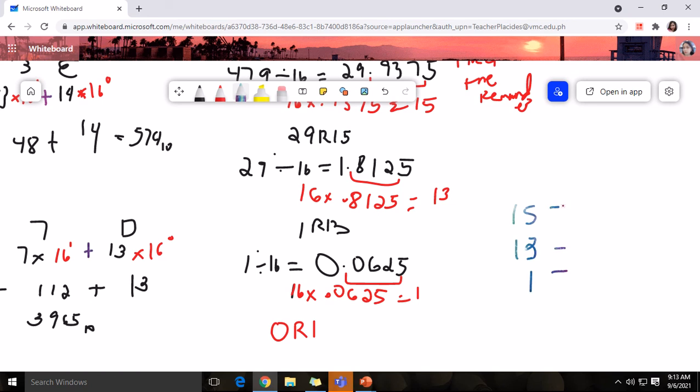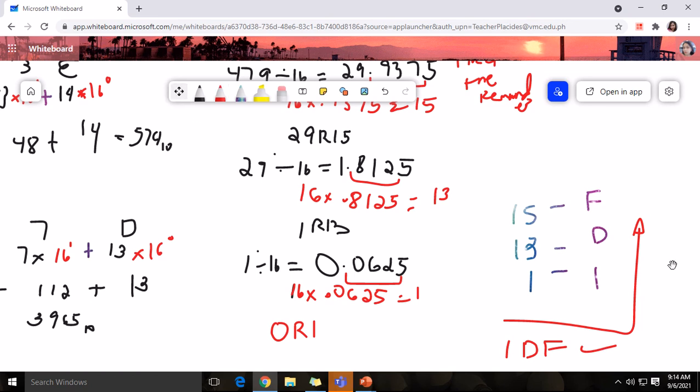Find the equivalent hexadecimal digit of each. 1 is equivalent to 1, 13 is equivalent to D, and 15 is equivalent to F. Reading from last to first, we get 1, D, F. So, that's it for number systems of octal and hexadecimal.